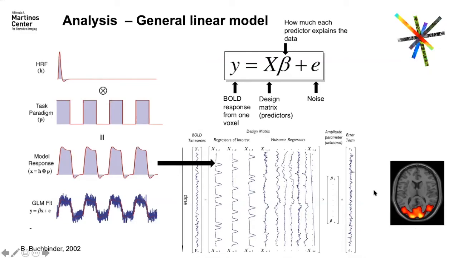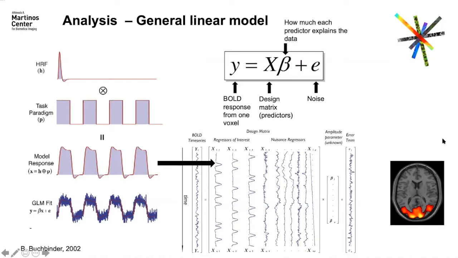We can also include nuisance regressors, as I told you before, relating to motion and physio data, so we can see how much they explain the variance in the signal.